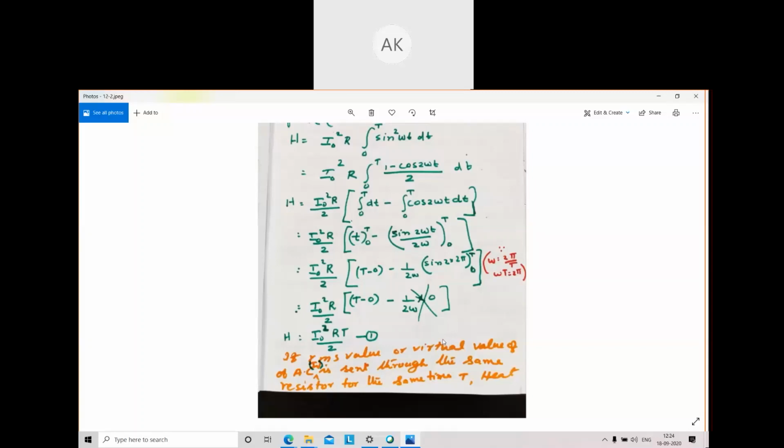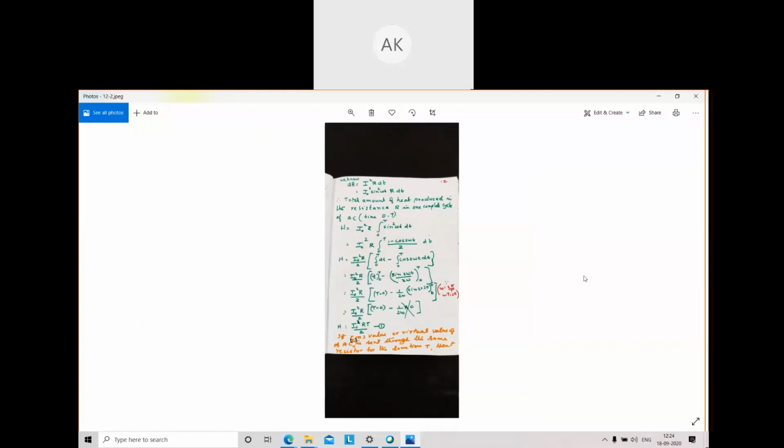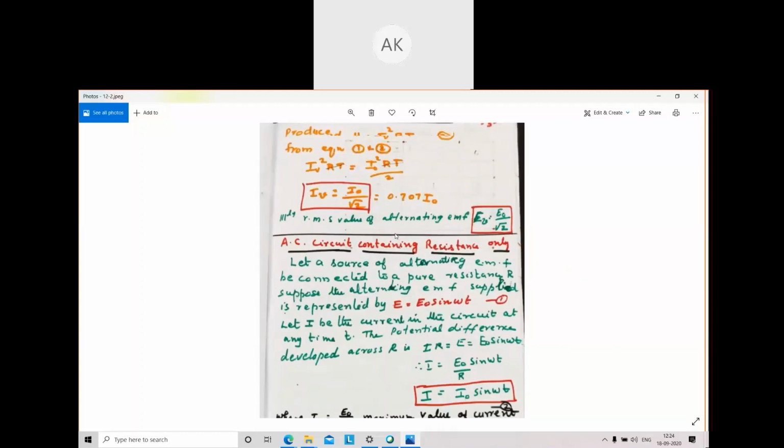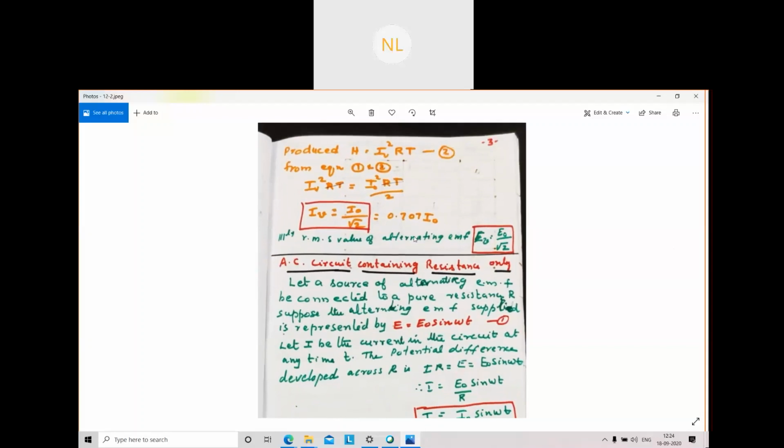That is the general formula, heat energy produced. So if IV is the current sent, instead of I we have to write IV square RT. That's all. I think it is clear now. Teacher, it is clear. Okay, like that you can ask doubts, then only I can clear. Heating effect produced equal to IV square RT.